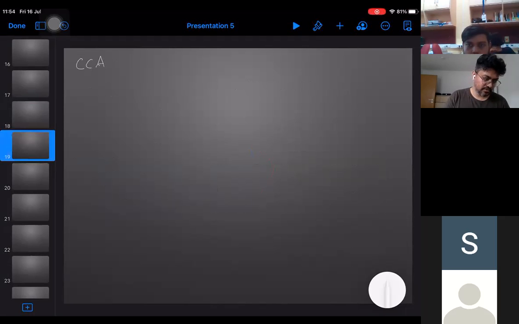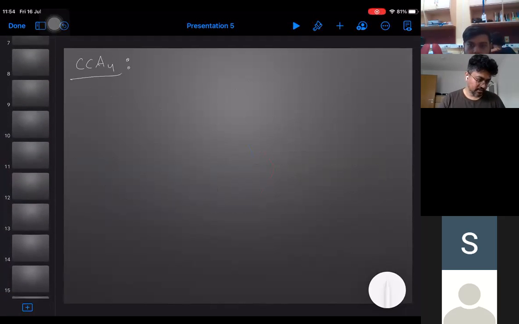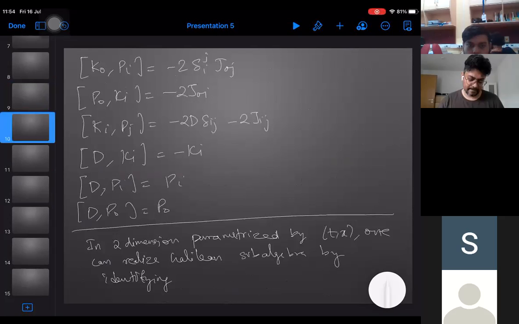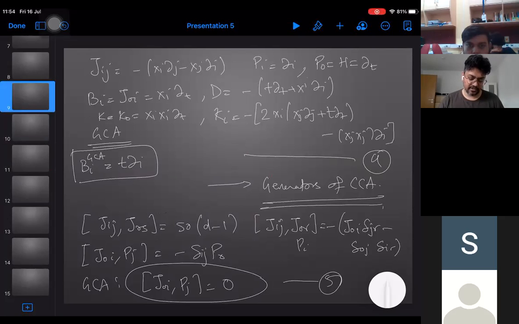Now, let us try to write the CCA4 in 4 dimensions. For that, again, just keep in mind these equations, equation 4 and equation 5. This is the algebra I have written for all dimensions.